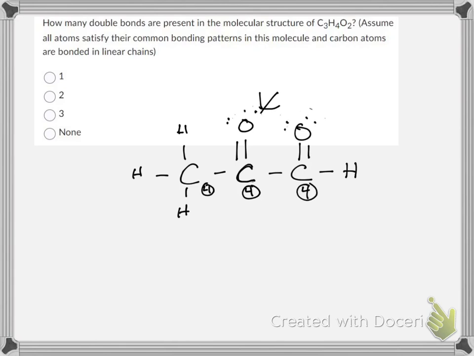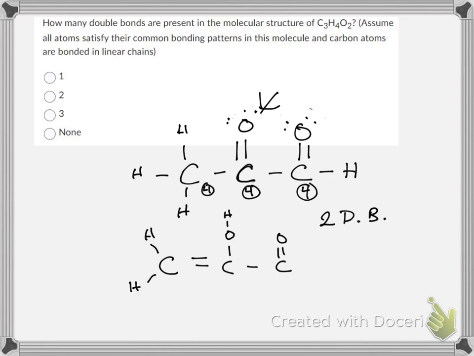Put our lone pairs here. 2 double bonds. Now we could have drawn it a different way; you don't have to do it this way. We could say, why don't we put a double bond in the carbon-carbon chain? Let's try that. That would give us 2 hydrogens on the outside carbon, the one that doesn't have an oxygen. We could now put an OH there. So now the central carbon already has 4 bonds.